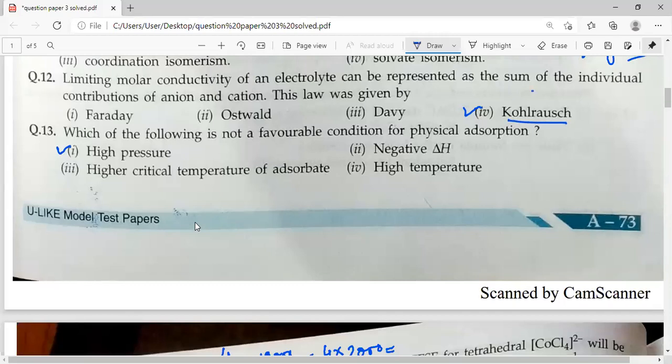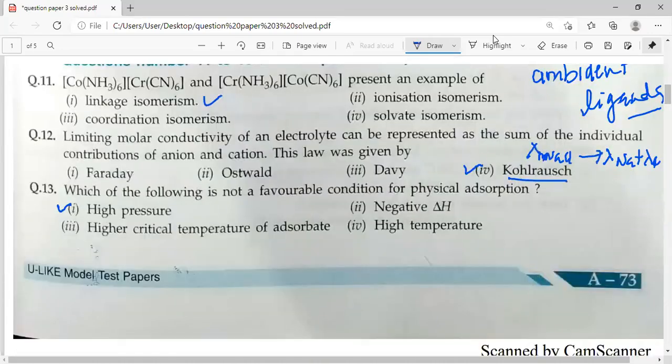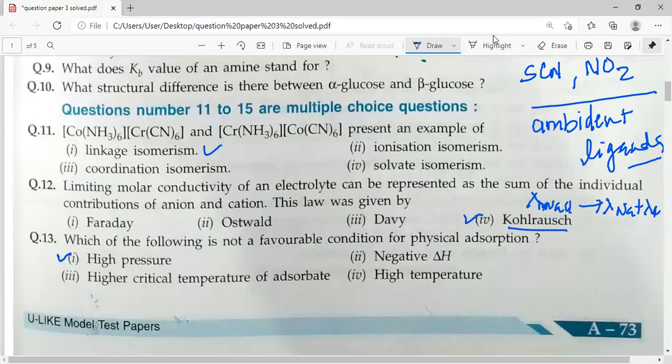According to this, for NaCl we write lambda m, that is the molar conductivity of NaCl, is equal to molar conductivity of Na plus plus molar conductivity of Cl minus. This is how we study, my dear students, and this law was given by the scientist named Kohlrausch.